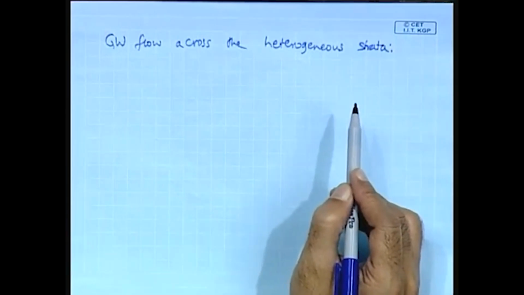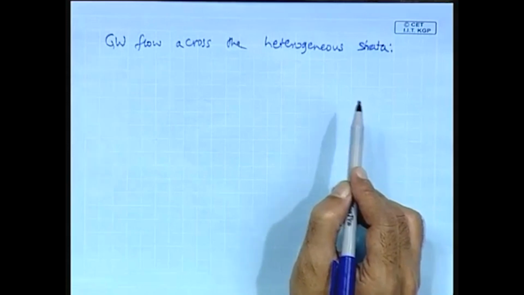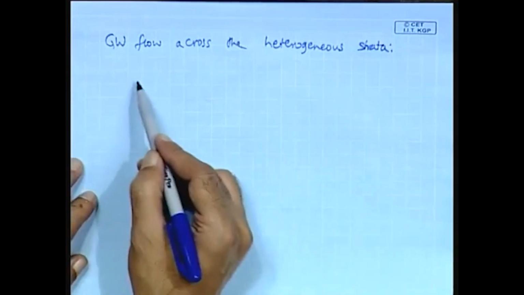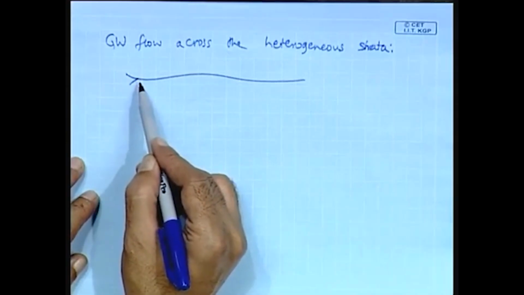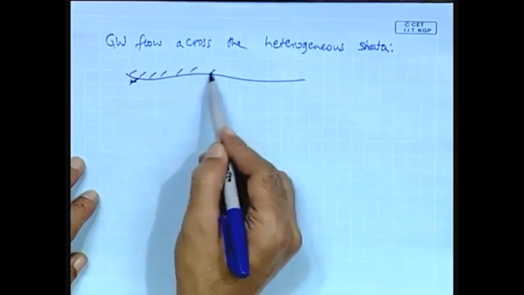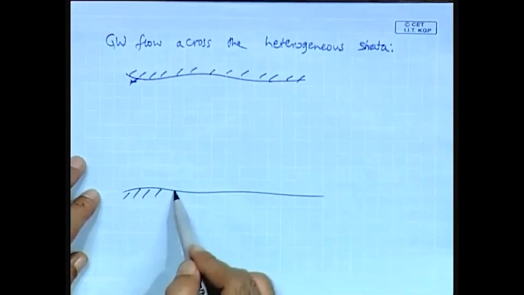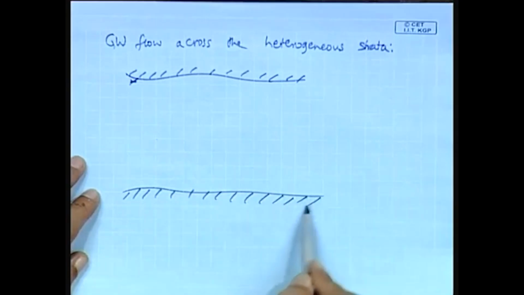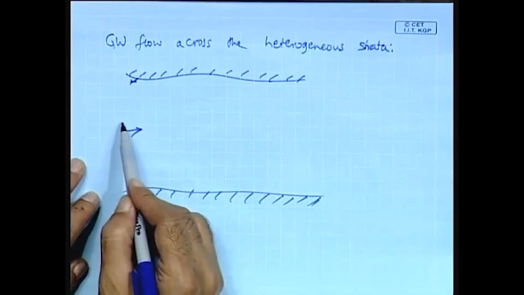Here let us consider this is the impervious strata, and this is the other impervious strata, maybe top or bottom you can say, and then suppose this is the groundwater flow.